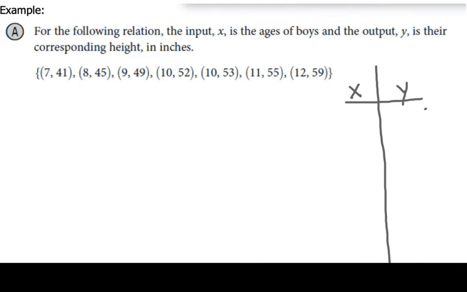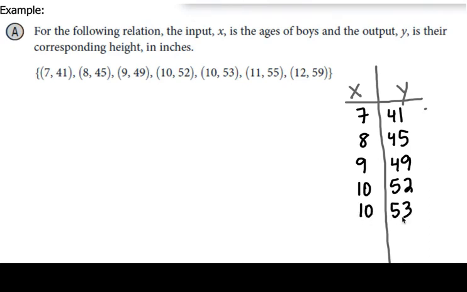And I have (7, 41), (8, 45), (9, 49), (10, 52), (10, 53), (11, 55), and (12, 59).